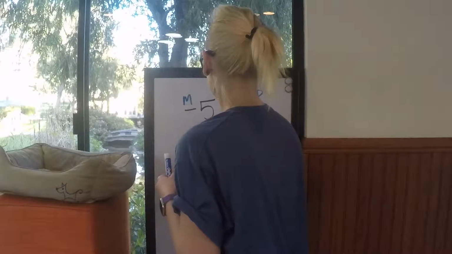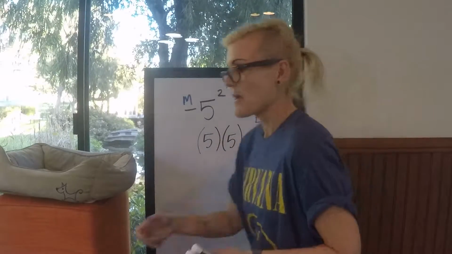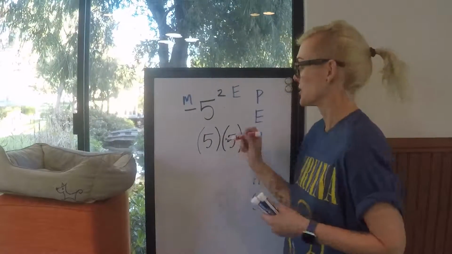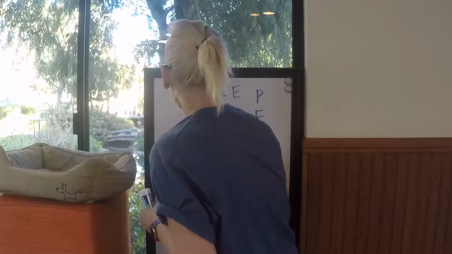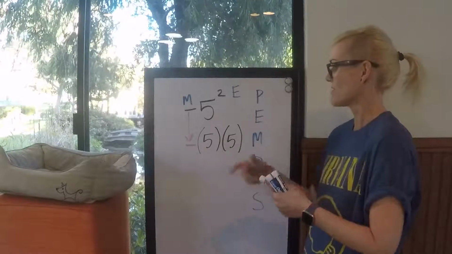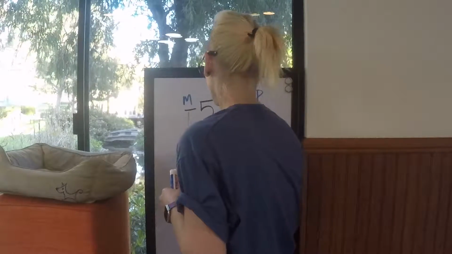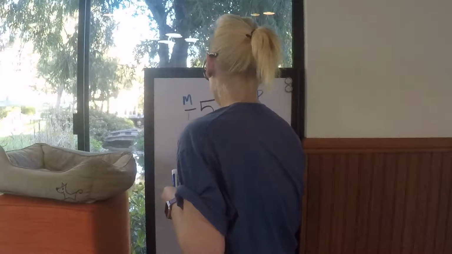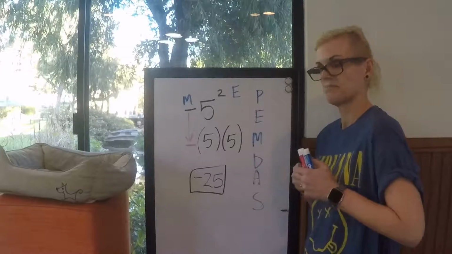So just like we did in the last one, 5 times 5, and then I'm going to multiply after. So this negative gets brought down. So now I have negative 5 times 5, which is a negative 25.